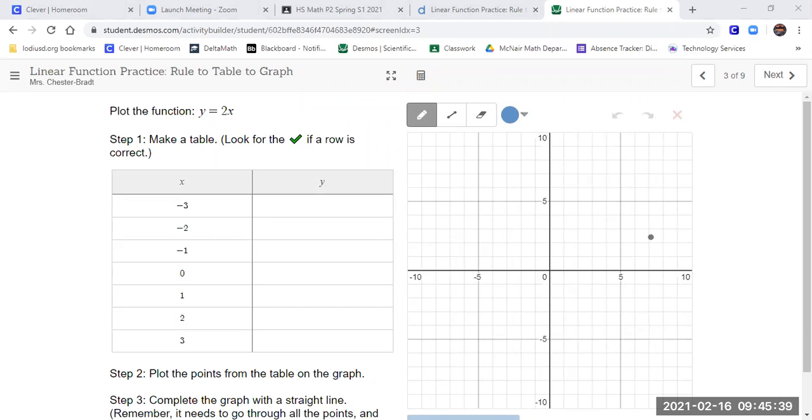If I say 2x, when they're squished together, what does that mean is happening? What math operation is the 2x?